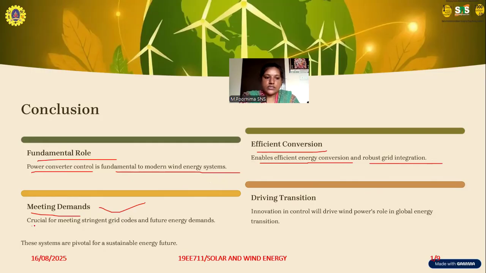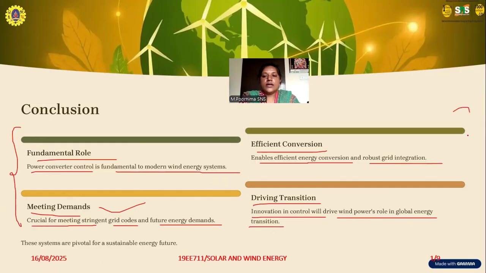It is crucial for meeting control strategies, grid codes, and future energy demands. Innovation in control will drive wind power's role in the global energy transition. These four things are the main points for concluding, and these systems are pivotal for a sustainable energy future.